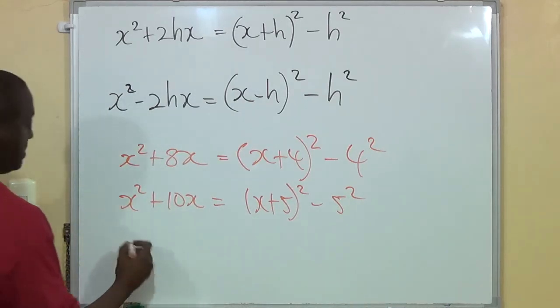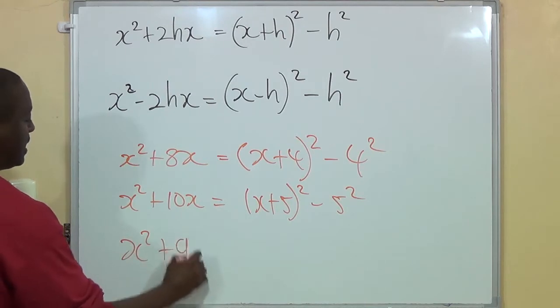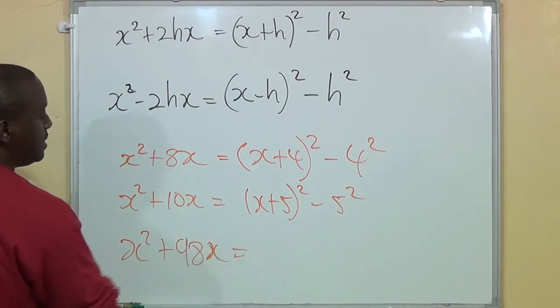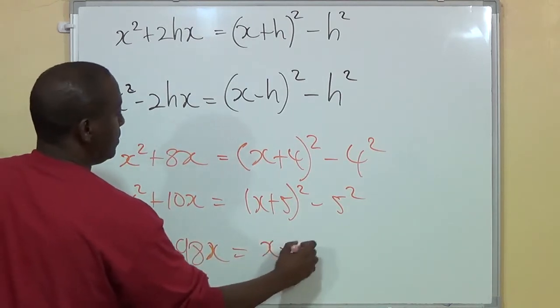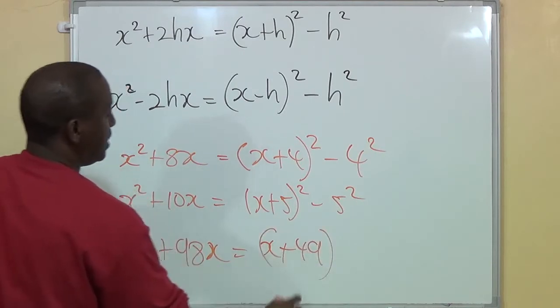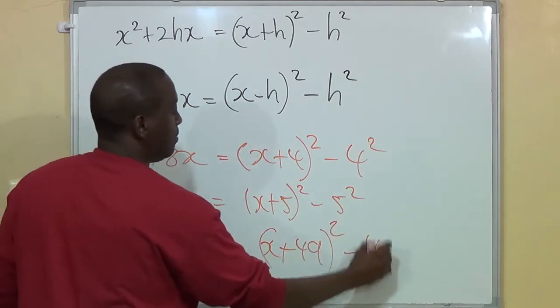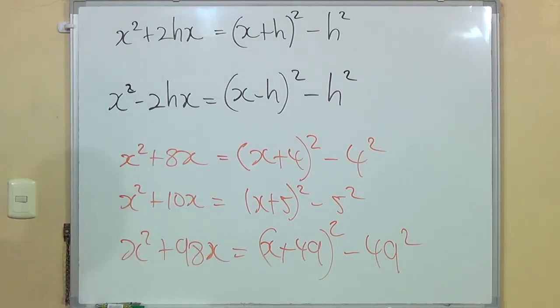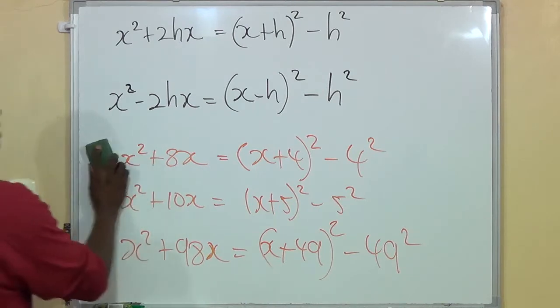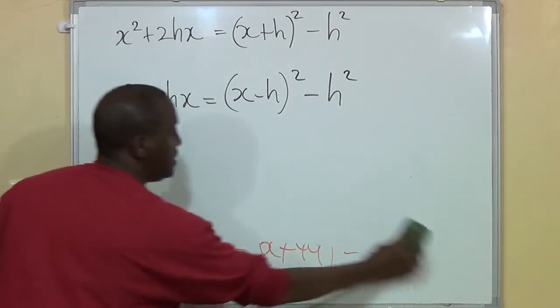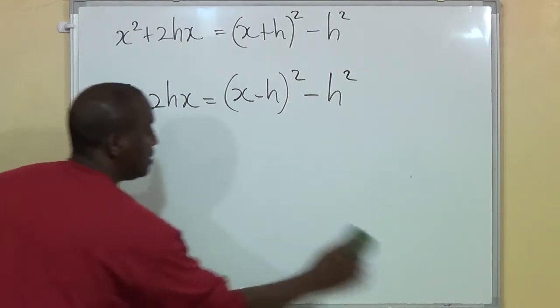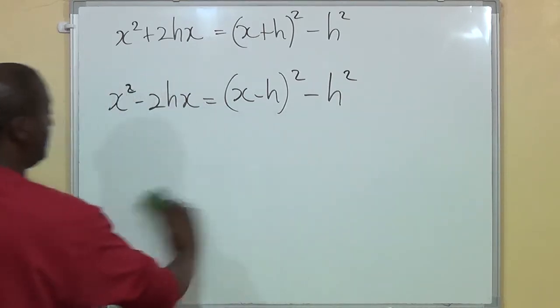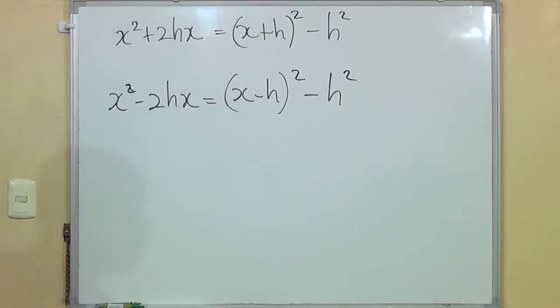By the same token, I can say x squared plus 98x is equal to (x plus 49) squared minus 49 squared, whatever 49 squared is, right? Etc. You can run a few more, just for the sake of making it a little more absolute. Sometimes you have to drum the point home repeatedly.